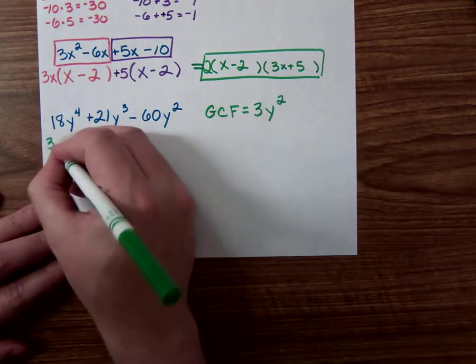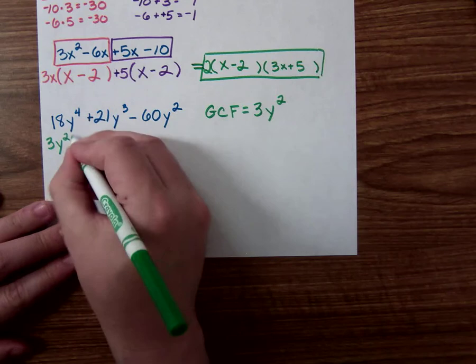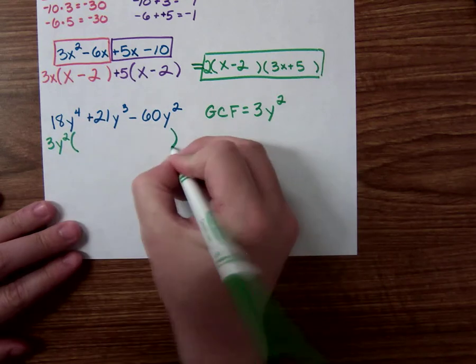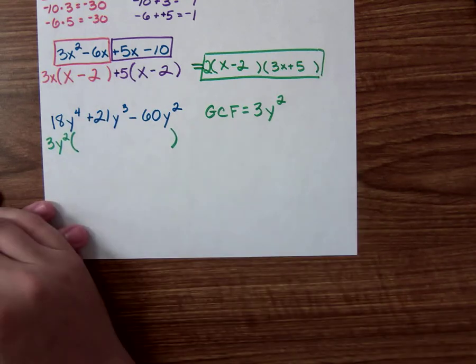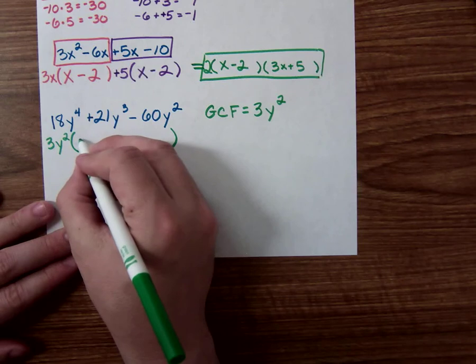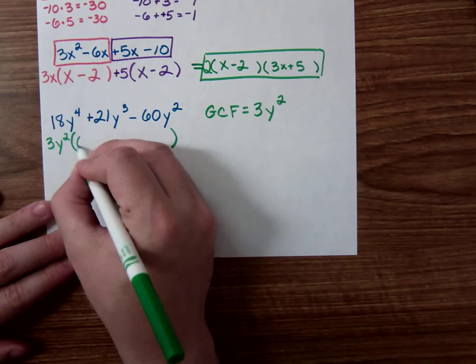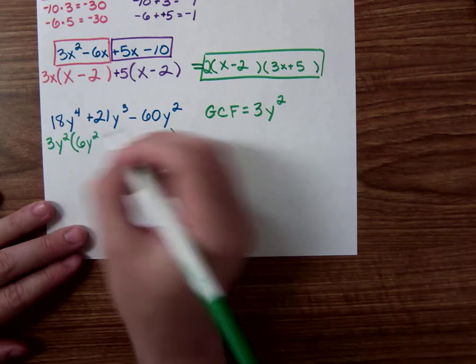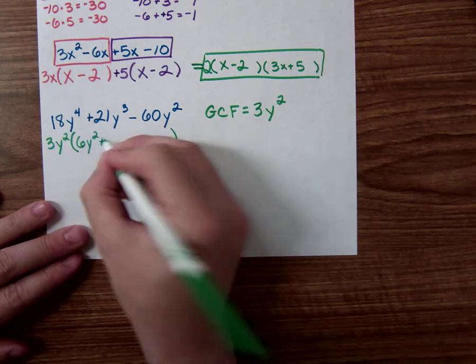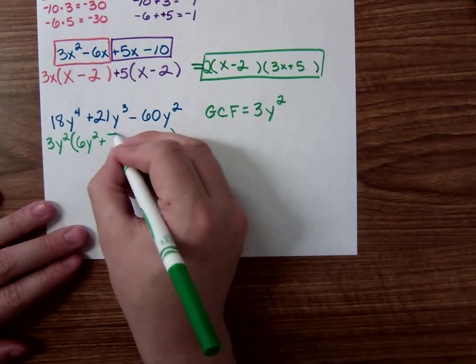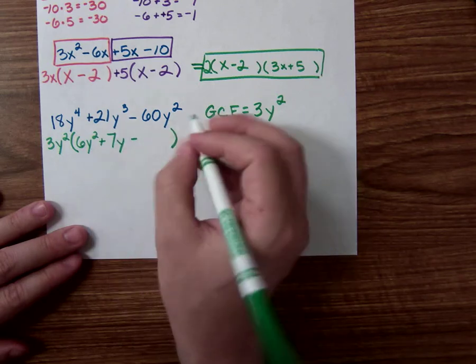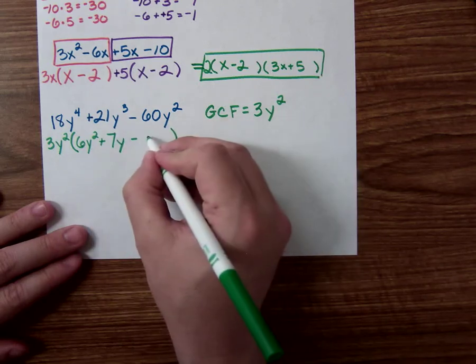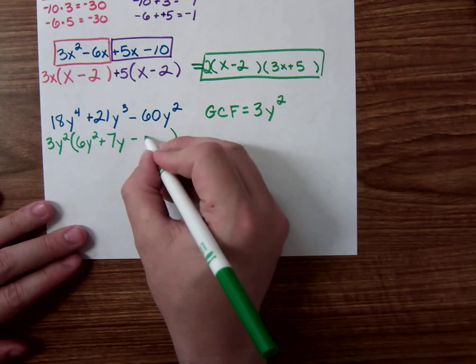So 3Y squared. What would be left in the parentheses if every single thing was divided by 3y squared? 6y squared plus 7y minus 20.